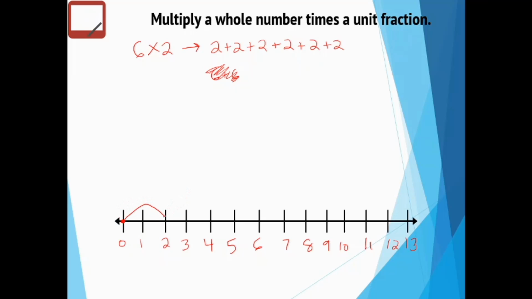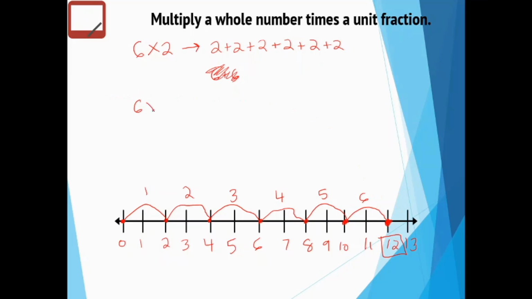So we jump 1, 2, then we jump our second 2, then our third 2, fourth 2, fifth 2, and sixth 2. So you can see here we have 1 jump, 2 jumps, 3 jumps, 4 jumps, 5 jumps, 6 jumps, and our answer ends up being 12.